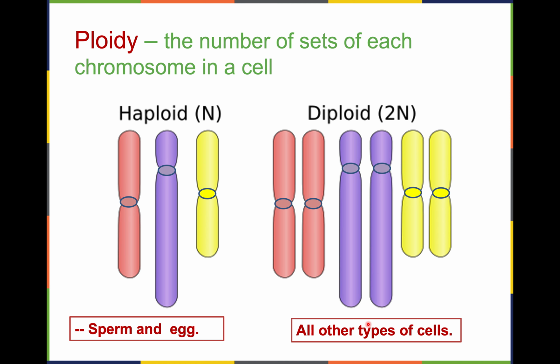All other types of cells in a human body, they have two sets of all the chromosomes. So therefore, they are diploid. Okay? So haploid cells only have one set of chromosomes. Diploid cells have two sets of chromosomes. And di refers to the number 2.